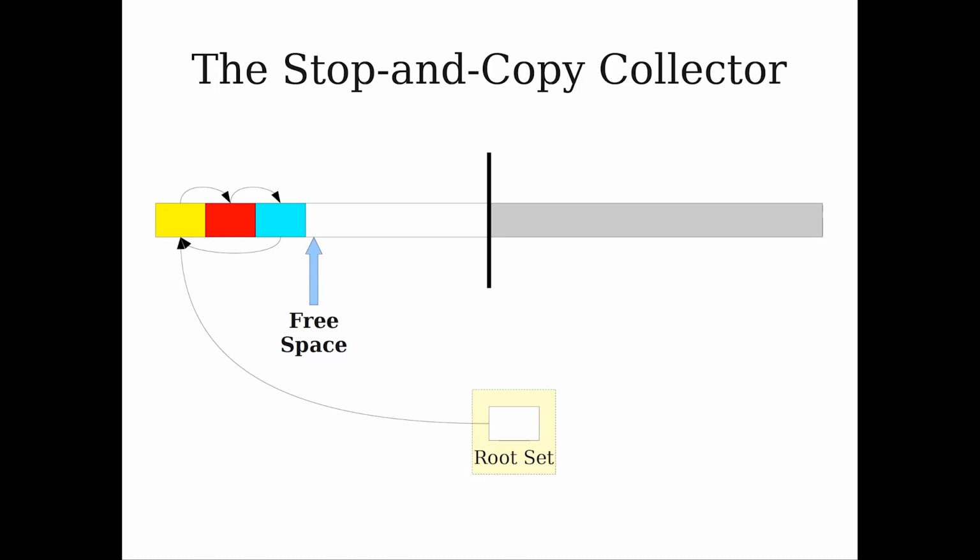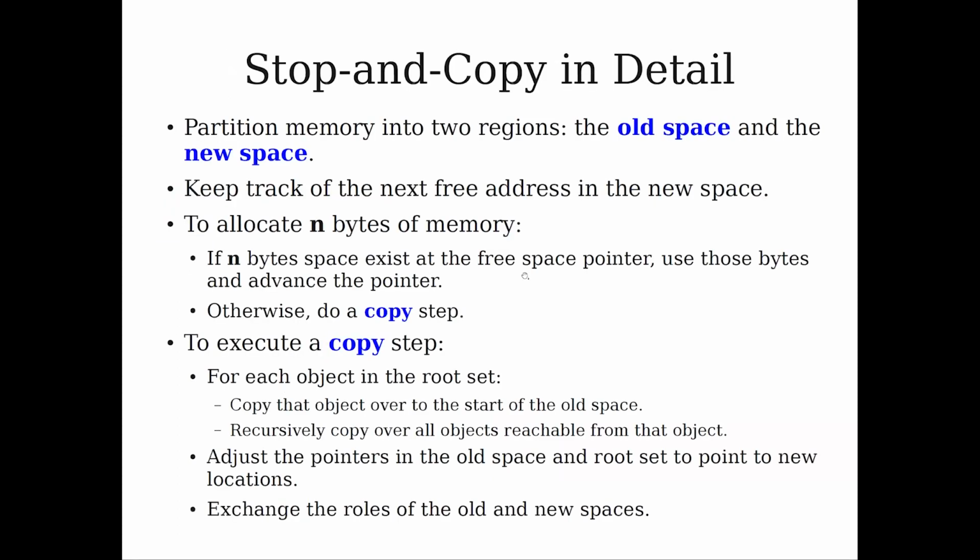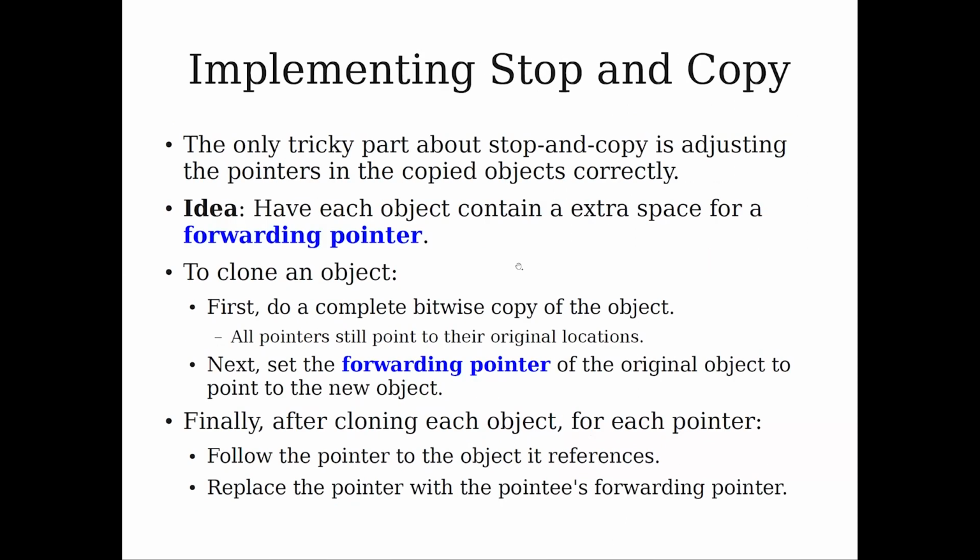How do you keep track of these things, and how do you forward things properly so that they still point to each other and so on? So the idea is, I mean, this is just the details, I'm skipping this. The tricky part is adjusting the pointers.